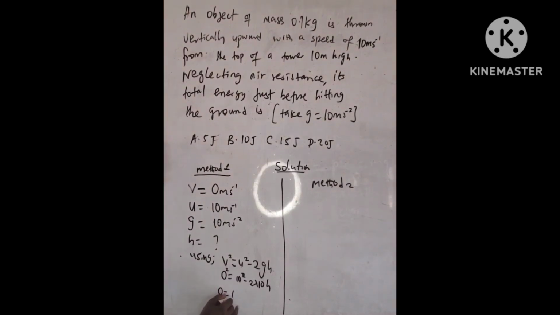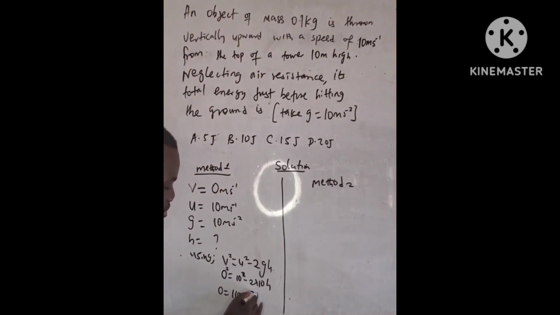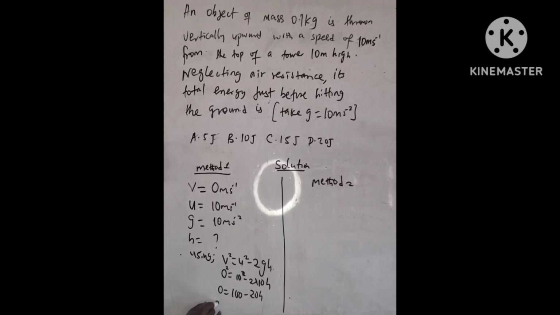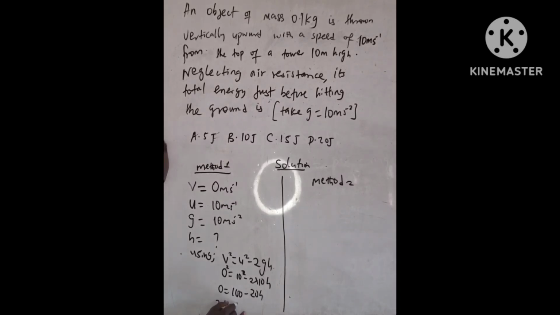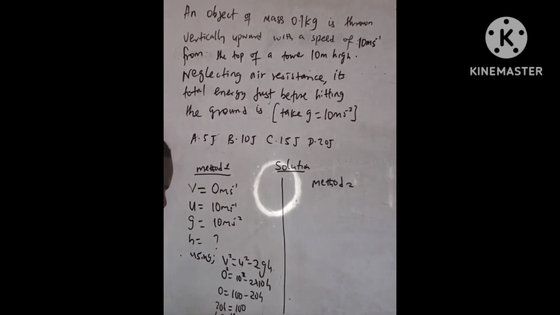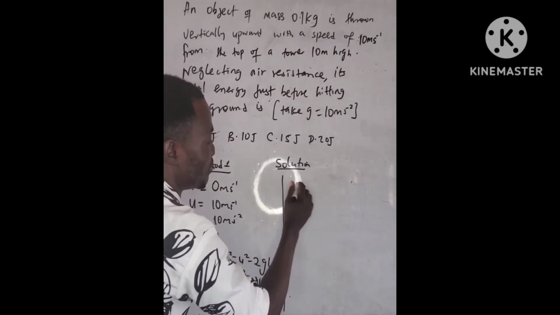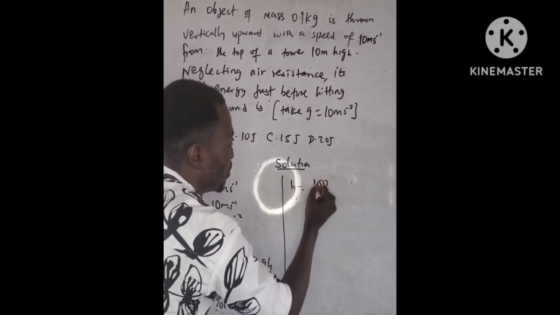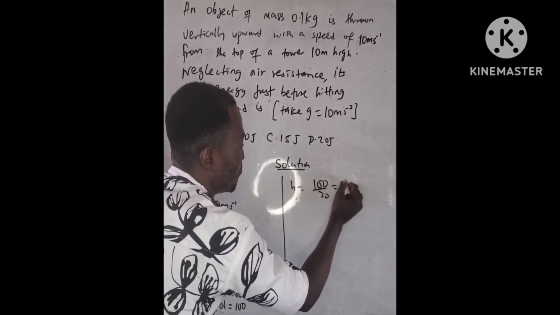So 0 is 100 minus 20h. That means 20h is equal to 100. So h is equal to 100 over 20, which is 5 meter.